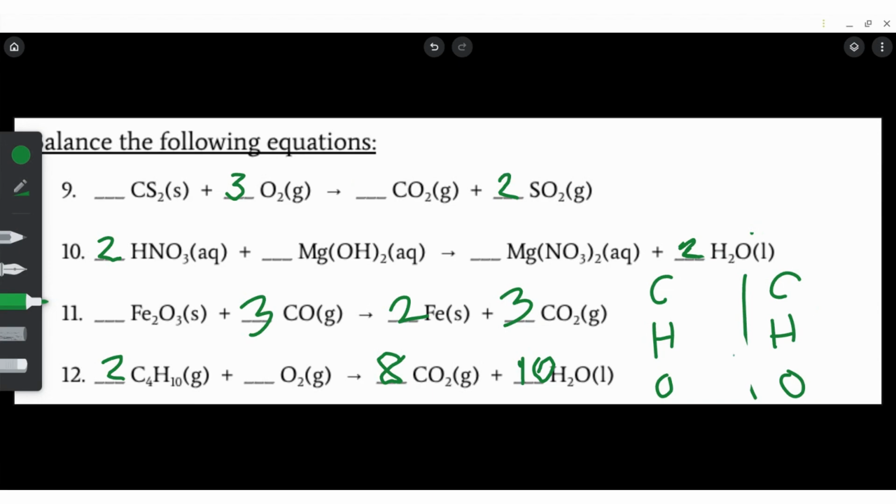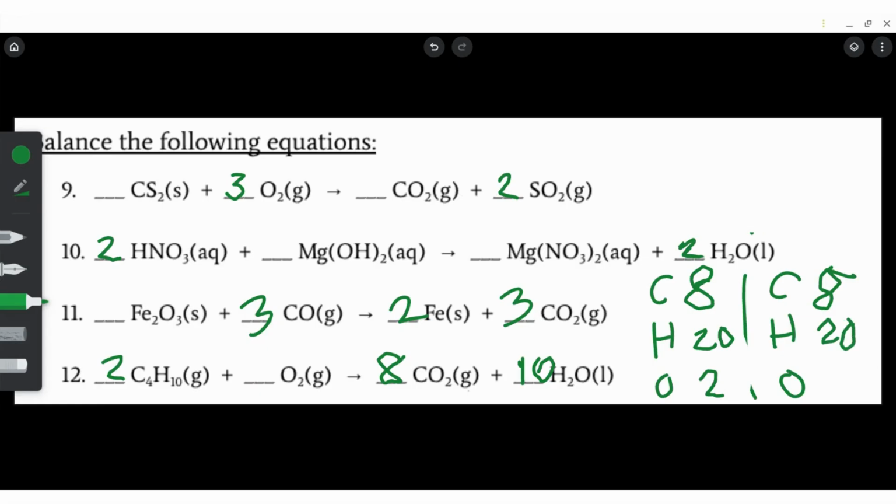So carbon on the reactant side, we now have an 8. On this side, we've got 2 times 10, which is going to be 20 hydrogen. And then oxygen, still 2 for now, because we're looking for what that coefficient is going to be. On the product side, we have 8 carbons, and 20 hydrogens, 10 times 2 right there.